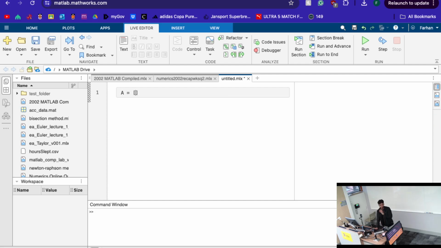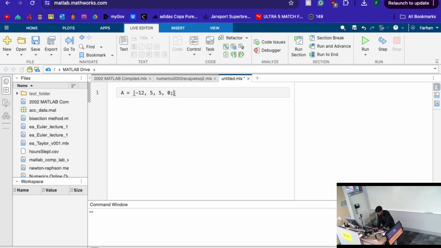Does everyone know how to put in a matrix into MATLAB? Yeah? Okay. I learned it last night. So to put in the rows over here, we're just going to separate it by a comma. And then to separate the rows, you're going to have to use a semicolon. So I'll quickly show you what I do.